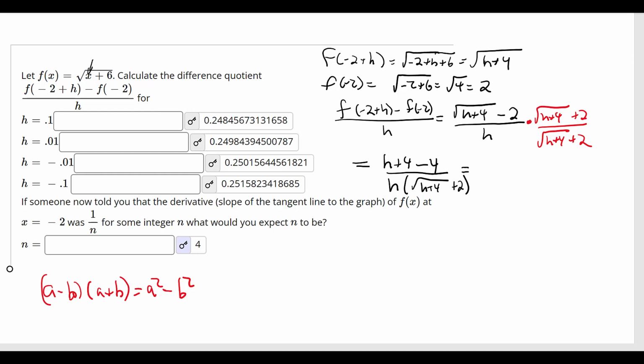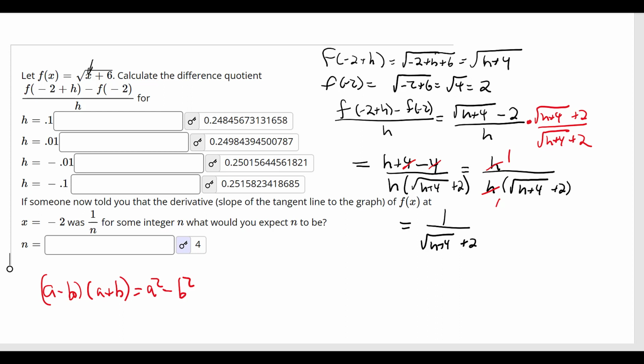Now, notice in the numerator, these 4's are going to subtract out. So we have h over h times the square root of h plus 4 plus 2. So we can divide these h's out. And what we have left is 1 over the square root of h plus 4 plus 2.